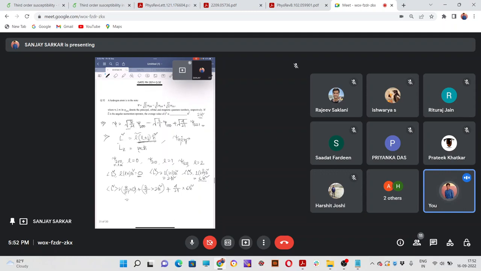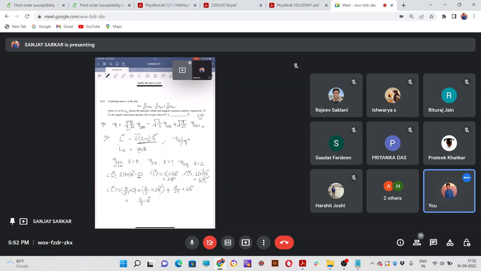So this is 0, and we get 6 by 7 h bar square plus 24 by 21 h bar square.